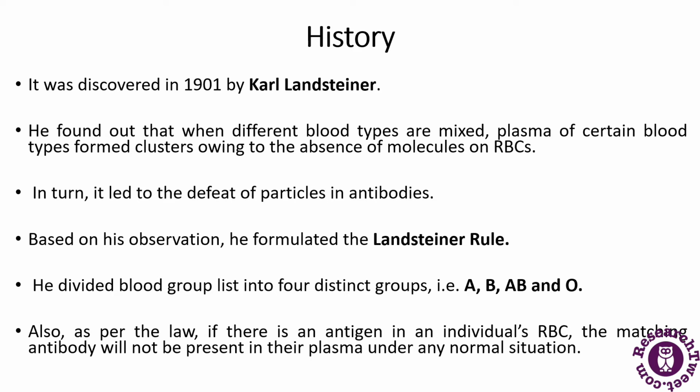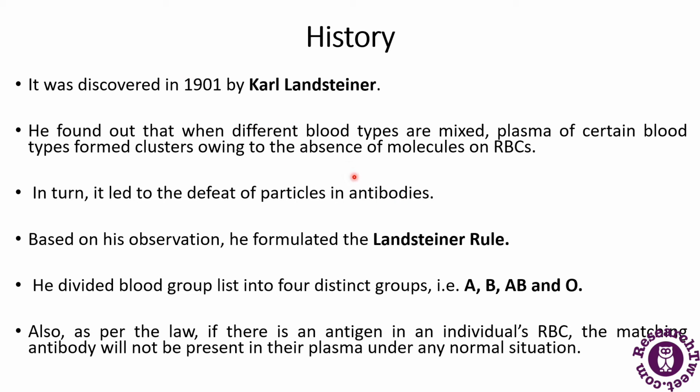The scientist who got a Nobel Prize for the discovery of the blood group system was Karl Landsteiner in 1901. He was an Austrian scientist and he discovered the ABO blood group system in 1901.